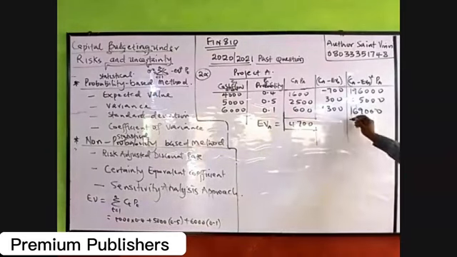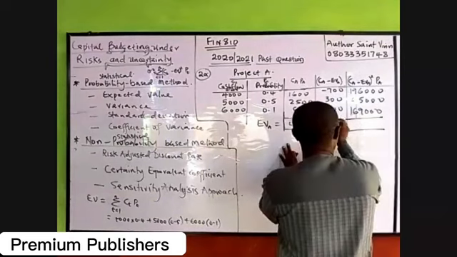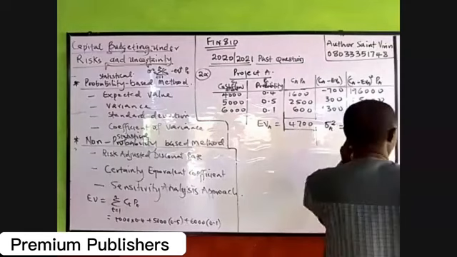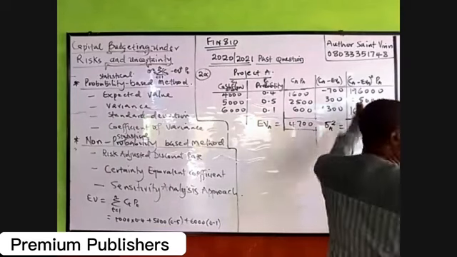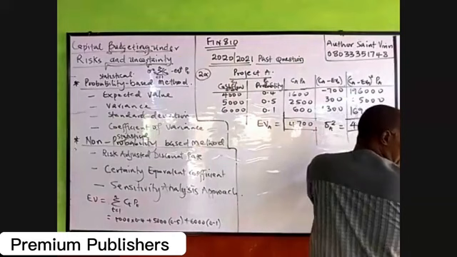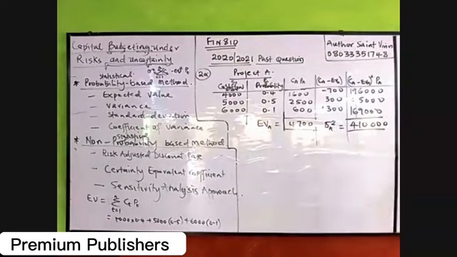We add everything together. That will give us 410,000. Okay, all of them. So that is our variance for project A.